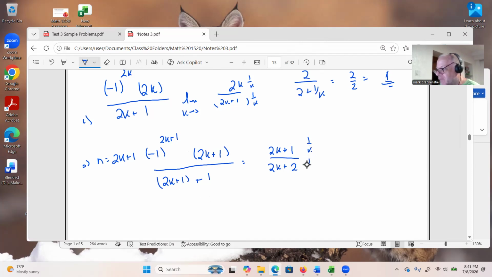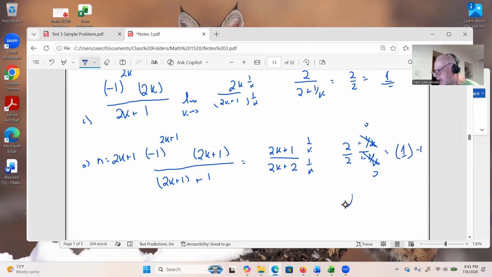Again, I'm going to multiply top and bottom by 1 over k. So we're going to end up with 2 over 2 plus 1 over k plus 2 over k. These pieces are going to go to 0. So we end up with 1, but it's times this negative 1 raised to 2k plus 1. So this is always going to be times negative 1 here.